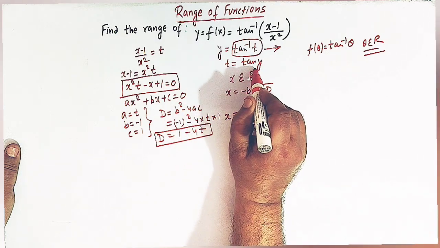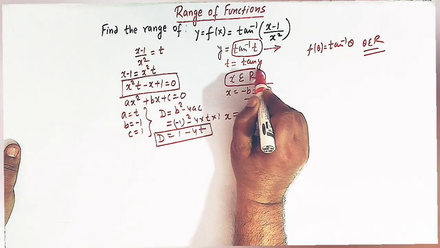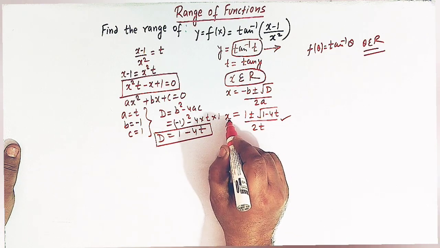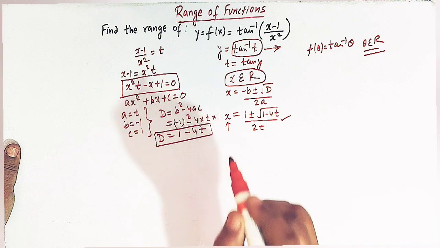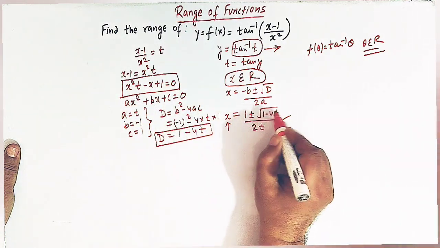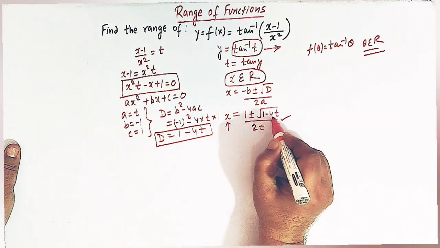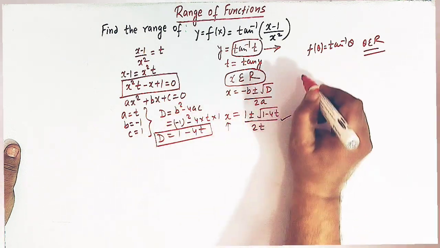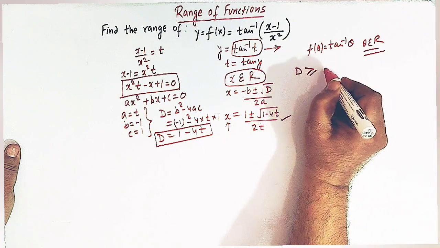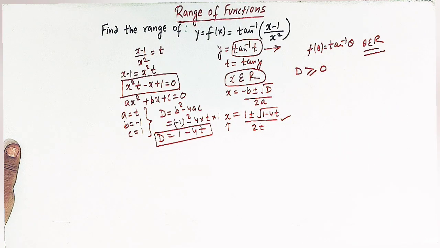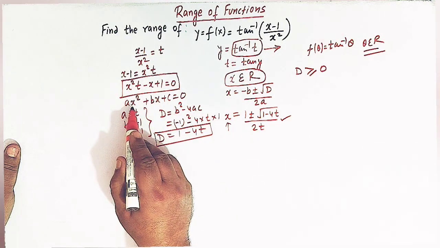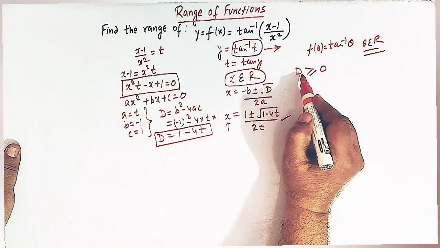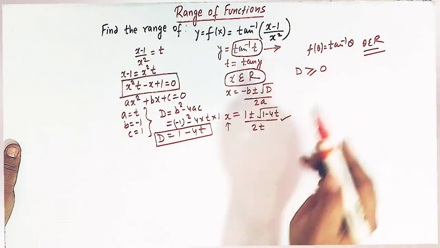Now see, x belongs to the set of real numbers, so this x has to be a real number. For x to be a real number, the quantity square root of 1 minus 4t plays an important role. Our d must be greater than or equal to 0, because the roots of this equation should be real. So for real roots, the condition is that the discriminant should be greater than or equal to 0.